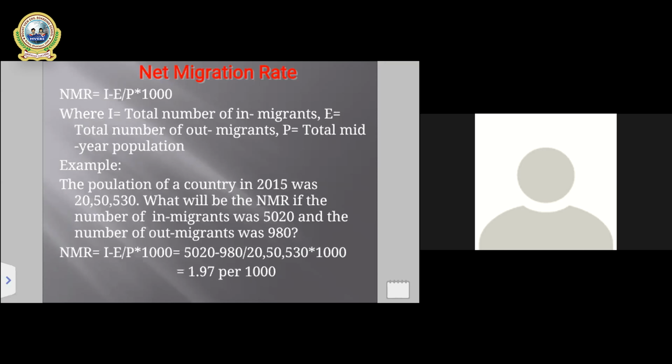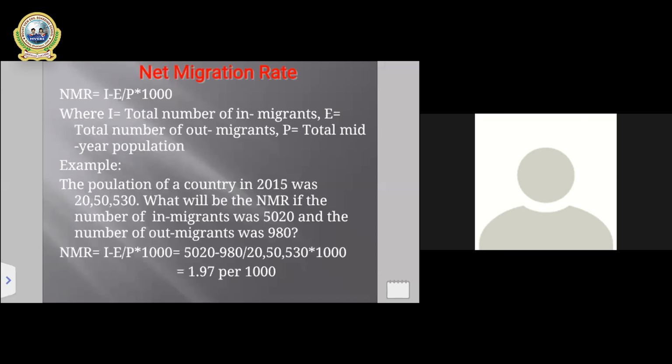And in the same example, like the in migration rate and out migration rate, we can also replace the numbers only. Just for example, listen very carefully. The population of a country in 2010 was 20 lakhs.